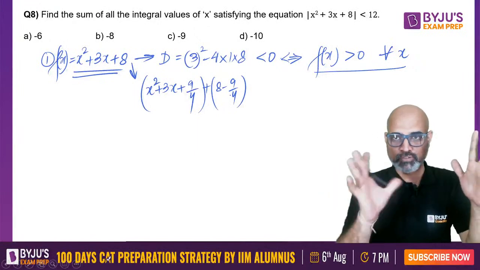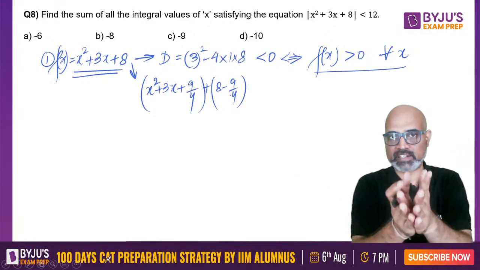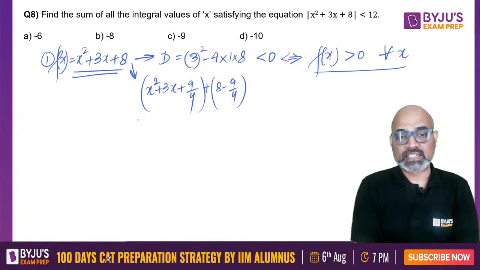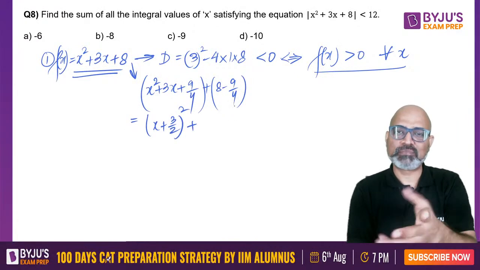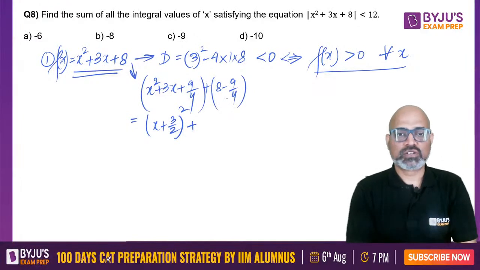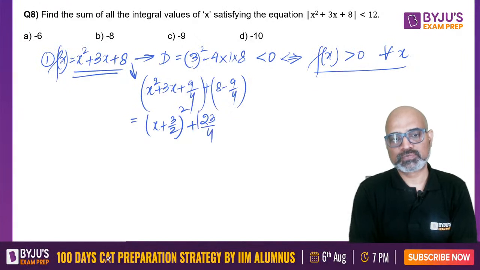Add karo 9 by 4 and 8 minus 9 by 4. 9 by 4 minus 9 by 4, cancel out 8, right? So that the first bracket becomes x plus 3 by 2 ka whole square, and this one will give you 8 minus 9 by 4. 9 by 4 kya hota hai? 8 se kam hi to hota hai. So this is going to be 32 minus 9, which is going to give us 23 by 4.